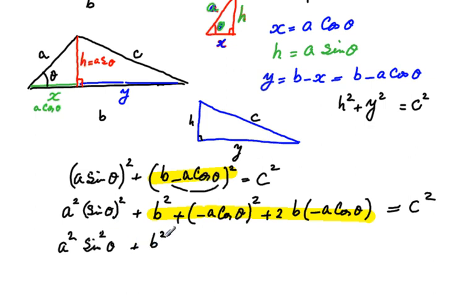This is b squared. During squaring, the minus evaporates. This is a squared, cosine theta squared written like this. And plus 2b times minus a, I can write in a more civilized way as minus 2ab, and then I also have cosine theta.